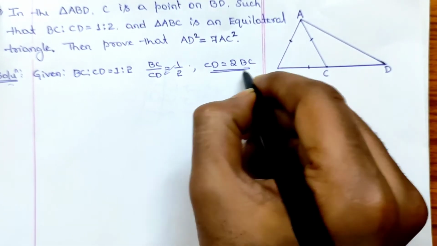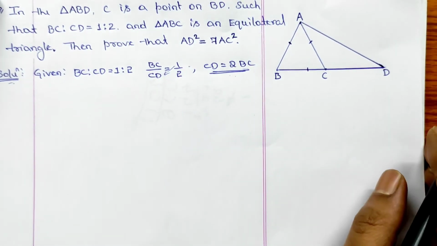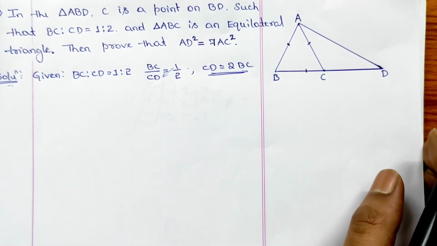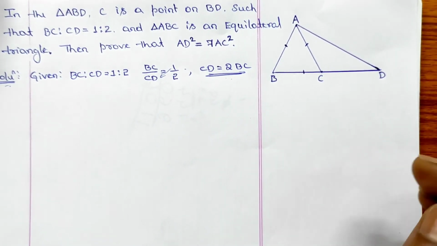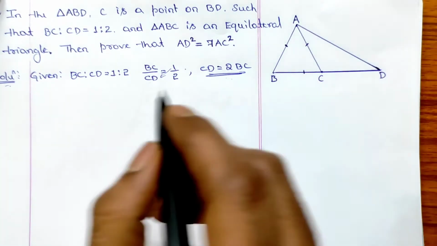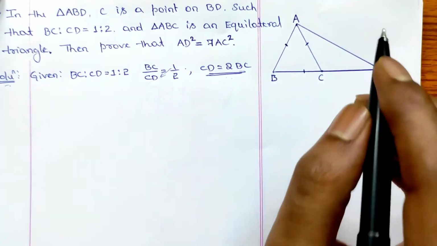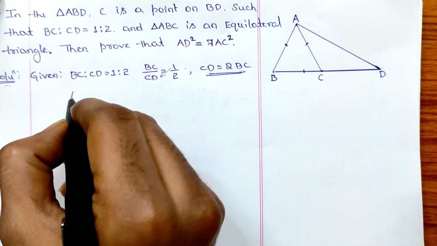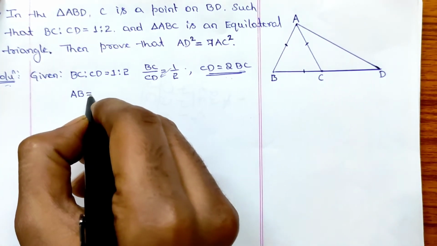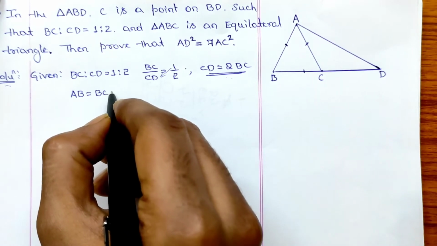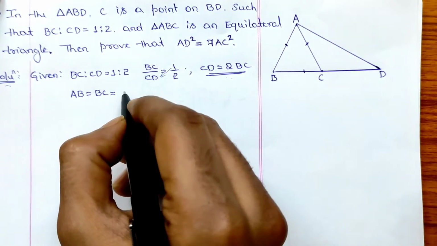Very important relation. So one more thing is given. ABC is an equilateral triangle. So in the equilateral triangle we know that all three sides are equal. So therefore we can write AB is equal to BC is equal to AC.